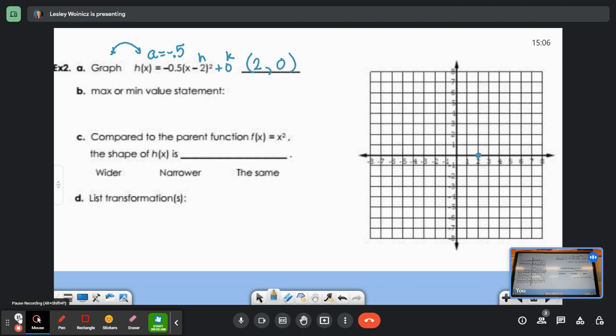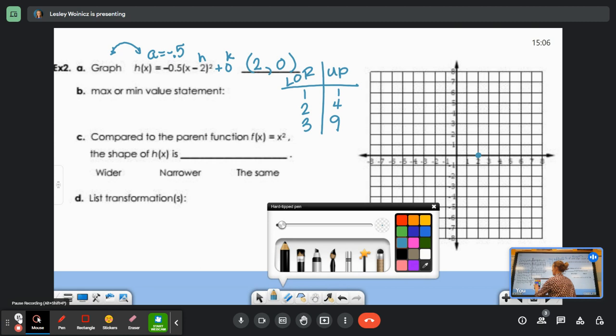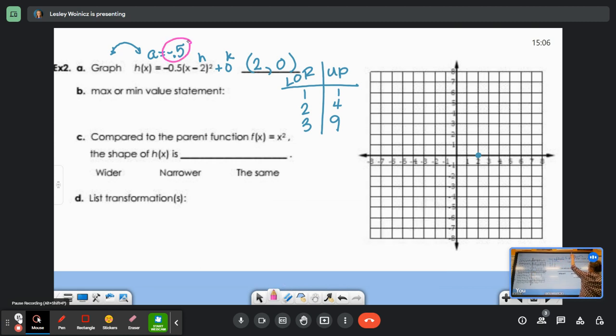Now we need our pattern. So we've got our left or right and our ups. So 1 squared is 1, 2 squared is 4, 3 squared is 9. But we have a rocks and we have a compression. So what we're going to have to do is take our A value and multiply all of our ups by negative 0.5.